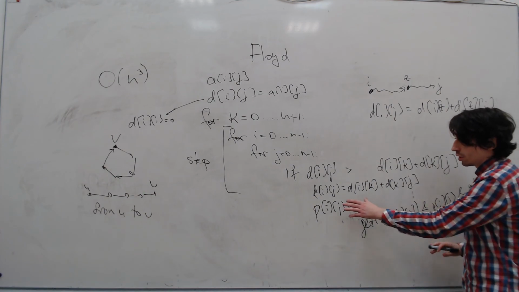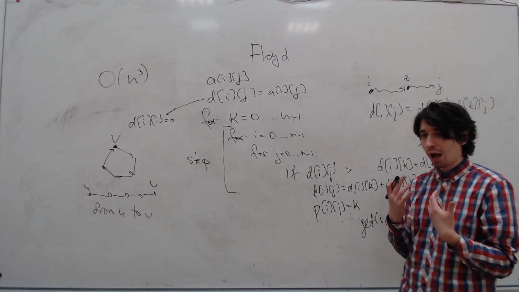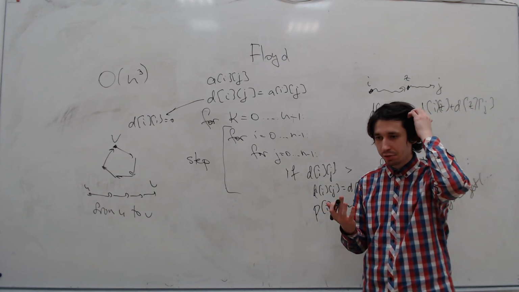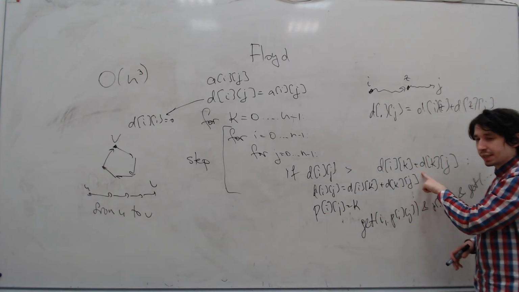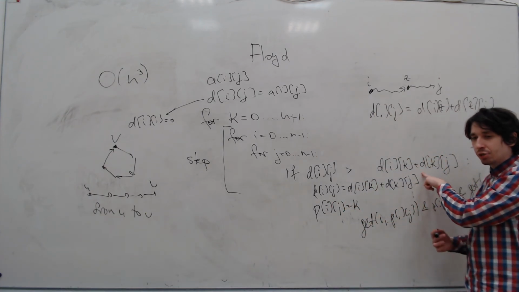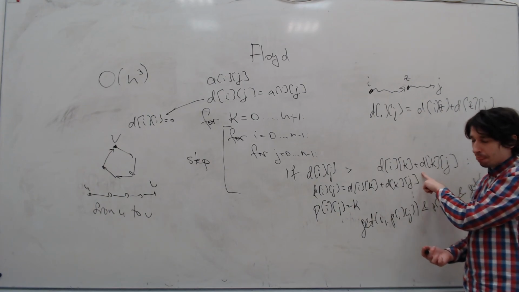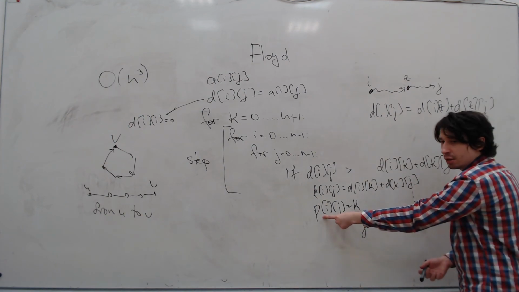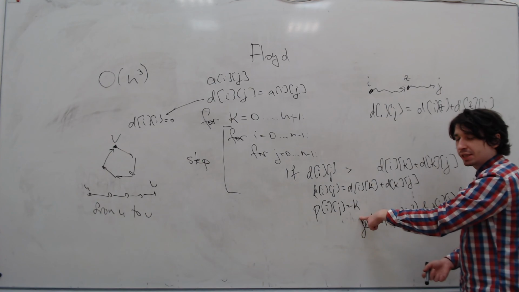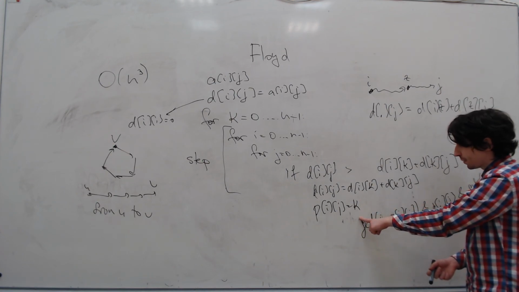You want to understand how you came to the best answer you have. Your best answer was updated through the vertex k. Thus you have this vertex k on your path. So you store that for ij you passed through k. This was the maximum node that was on the path.